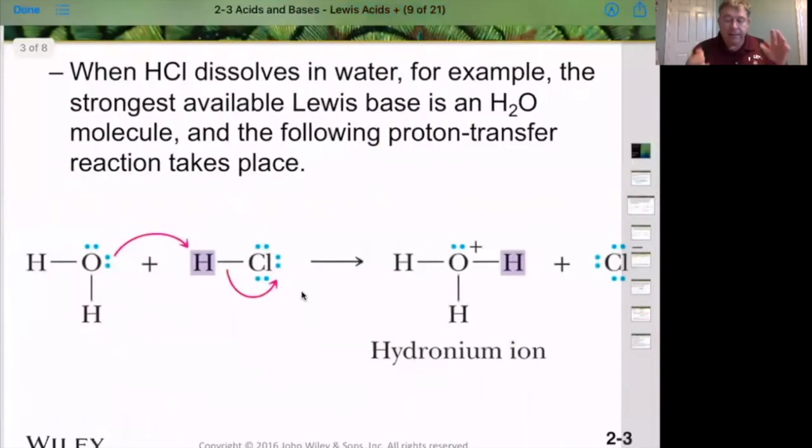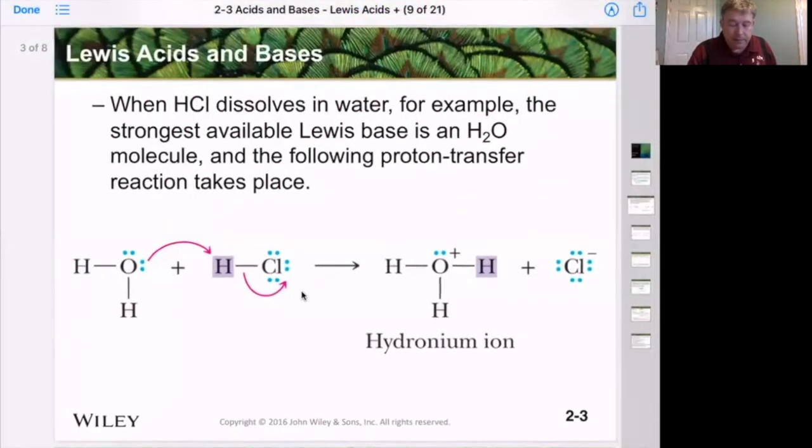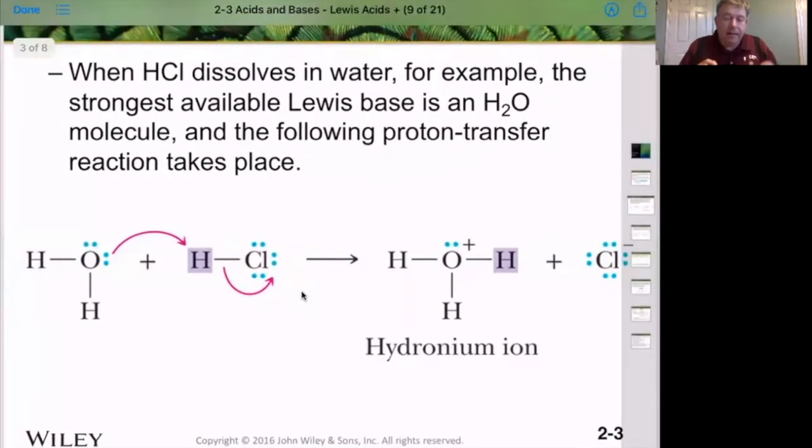Let's look at it from the idea of HCl dissolving in water. In the Arrhenius definition, the proton forms hydronium ion. In Bronsted-Lowry, a proton is transferred.